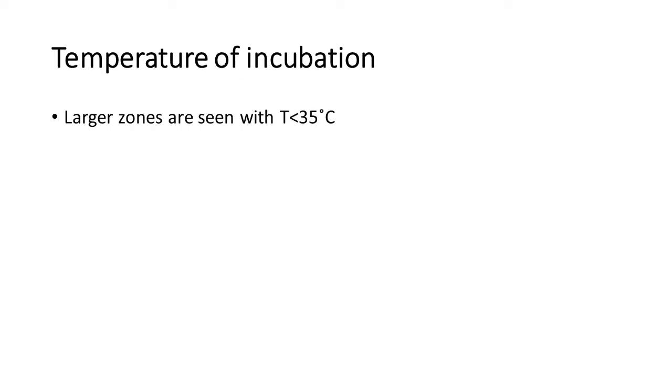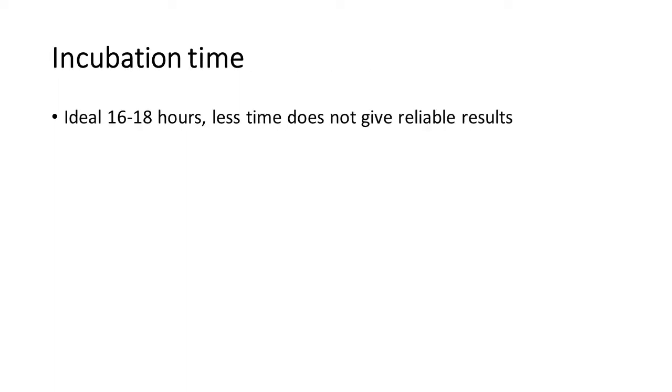Temperature of incubation. Normally the zone size depends on the temperature. We can see a larger zone size when the temperature is less than 35 Celsius. Then incubation time: normally we incubate 16 to 18 hours.